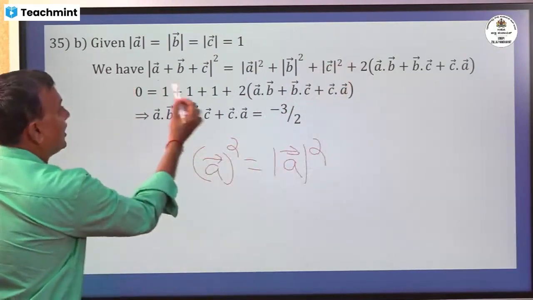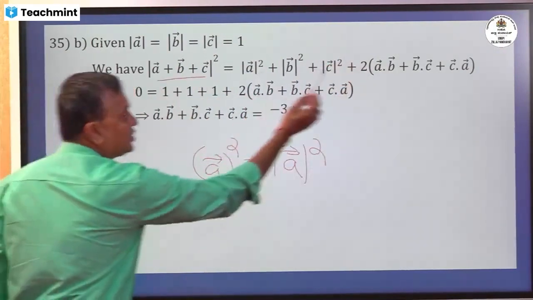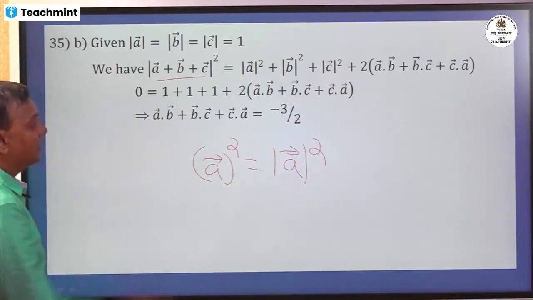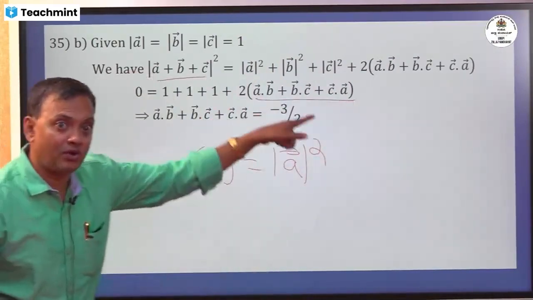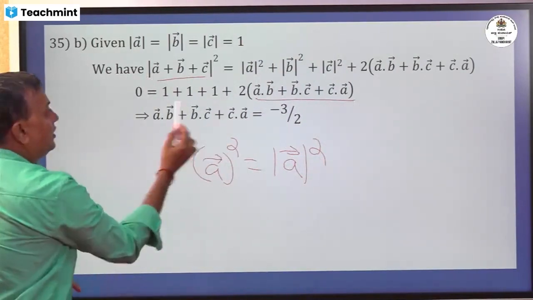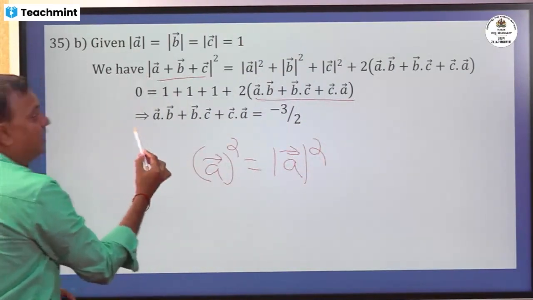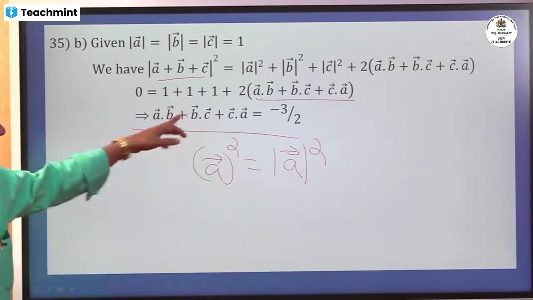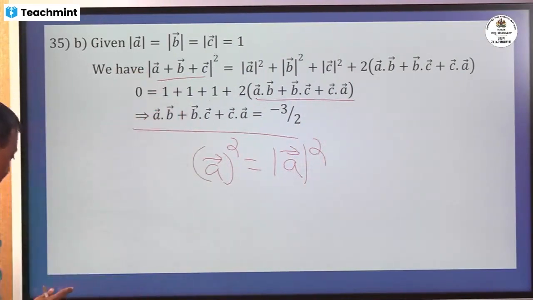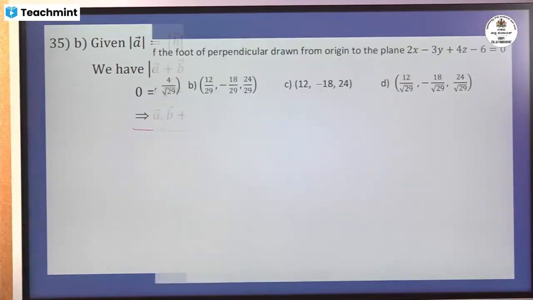Here they have given the zero vector, and these three are unit vectors. So 1 plus 1 plus 1, we want this; in the book they have taken it as mu. Bringing this to this side, minus 3, we get a dot b plus b dot c plus c dot a is equal to minus 3 by 2. Answer is B. Next question.